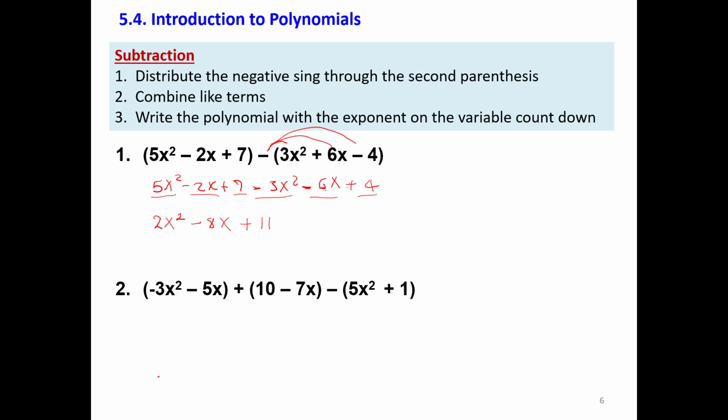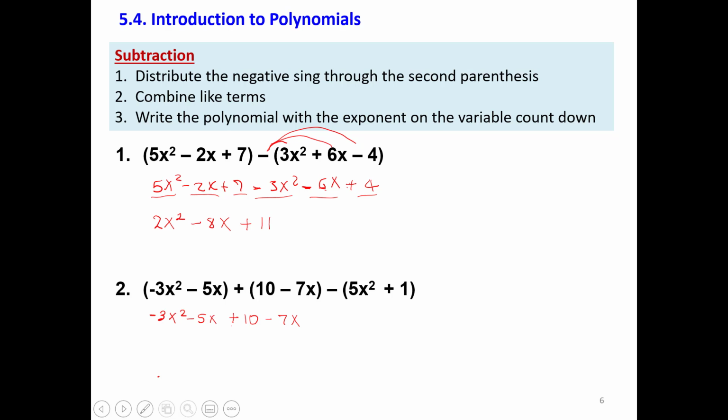For the next one, we want to add these 3 polynomials. We don't have any sign here in front, it's the same thing. Here is positive, and we have basically the same, because positive times positive is positive, positive times negative is negative.